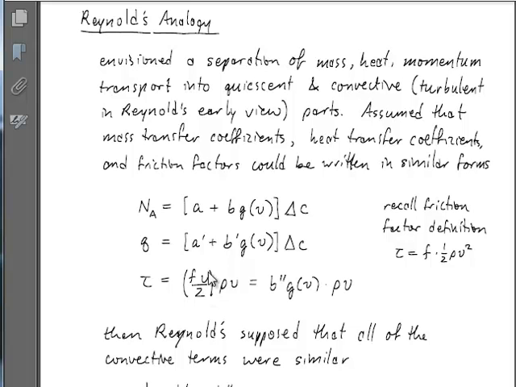We recognize that this fV over 2 must somehow, Reynolds believes, be analogous to the B times a function of V and B prime times a function of V, and he also imposed the view that whatever that function g of v is, it should be the same for all three processes, right? So here's the idea: convective transport should look the same for the mass transport, heat transport, and momentum transport.